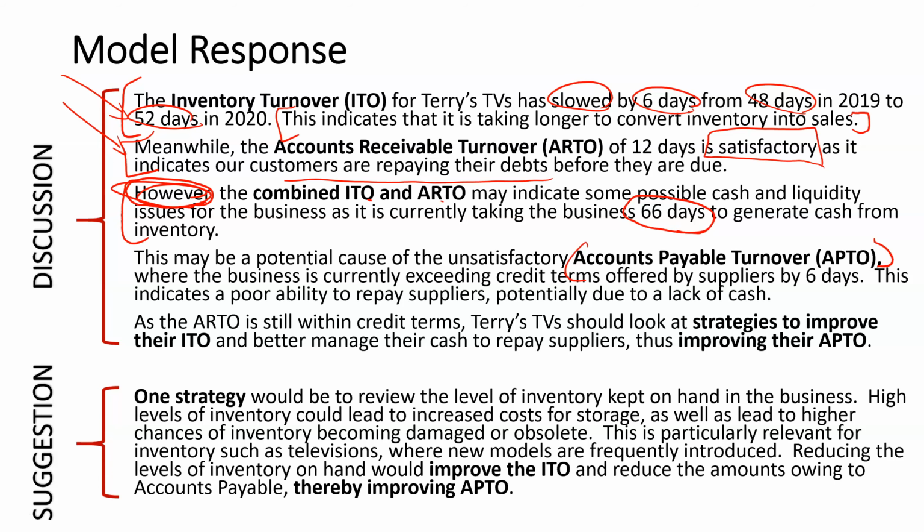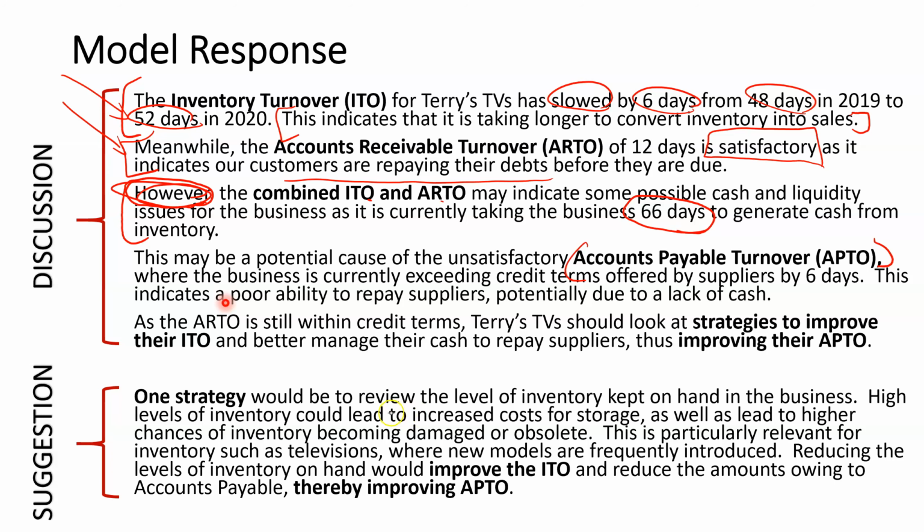So that's where I'm bringing in all 3 of these measures to help me deeply discuss and analyse what's happening with the inventory turnover. Then at the bottom you can see that I've got here the strategy, and I've got here what that strategy is going to be meaning.